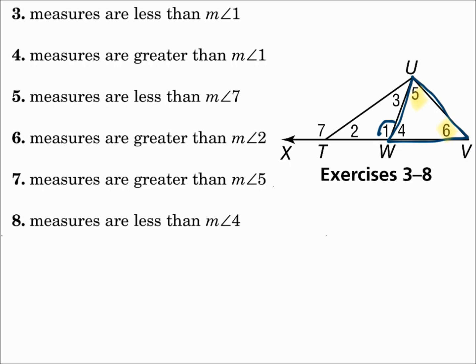And also, angle 1 is obtuse, so any acute angle measure is less than the measure of angle 1. Angle 4, 3, and 2 are acute angles, so they're also smaller than the measure of angle 1. So angle 2, angle 3, angle 4, angle 5, and angle 6 all have measures less than the measure of angle 1.